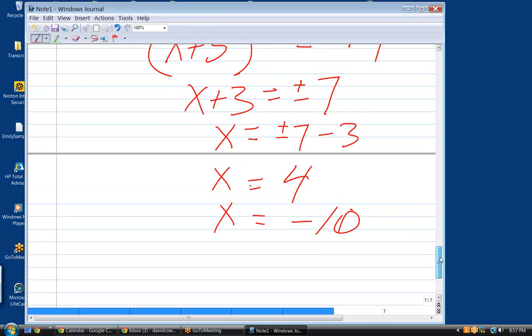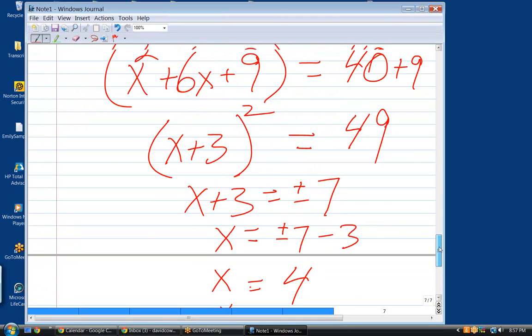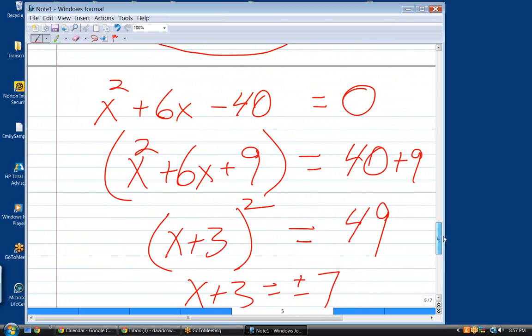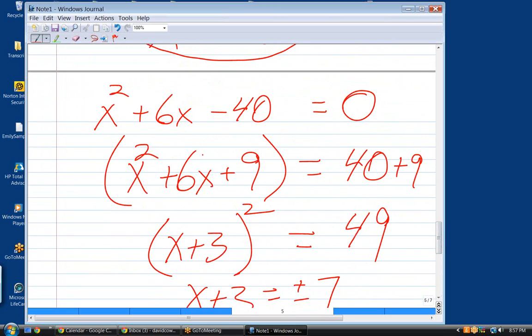So, again, we got integer answers, which means we could have factored this one also, which would have been a lot easier than completing the square. Got it. x, opposite signs, factors of 40 that subtract to 6: 10 and 4. Put the 10, the bigger factor, with the sign of the middle term.